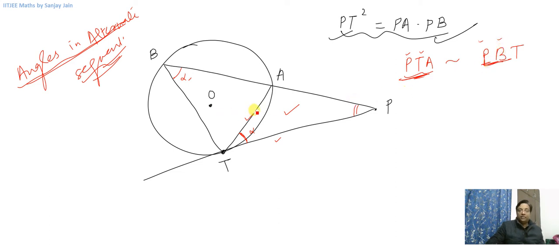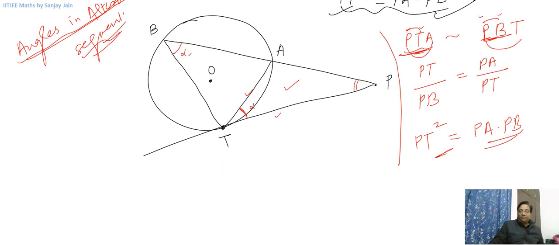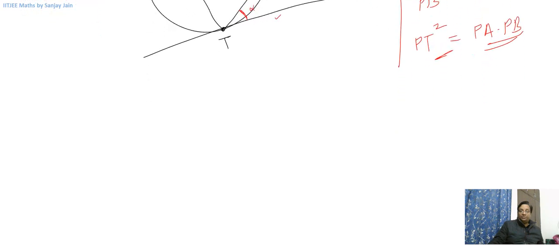So the ratio of their corresponding sides is equal. That is PT divided by PB is equal to PA divided by PT. Now if I cross multiply, PT squared is nothing but PA into PB. So this is another important relation that you need to memorize or you need to take care of.